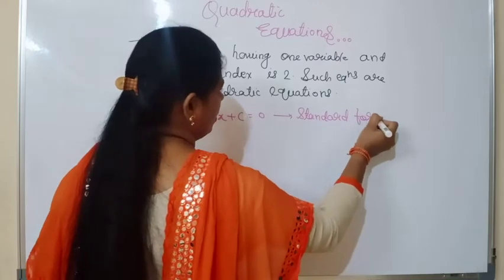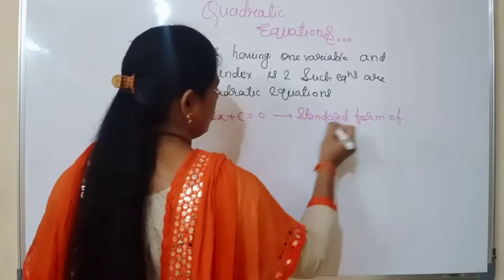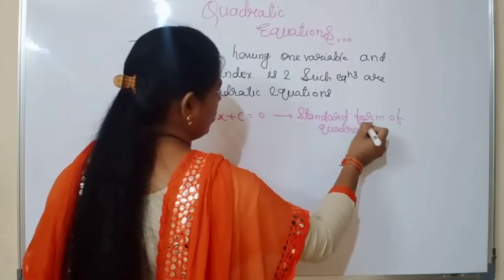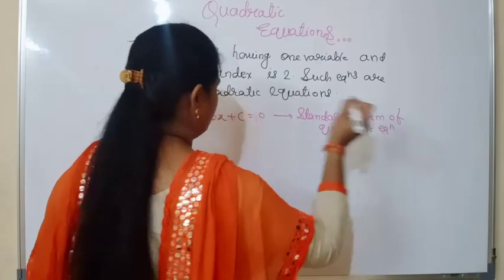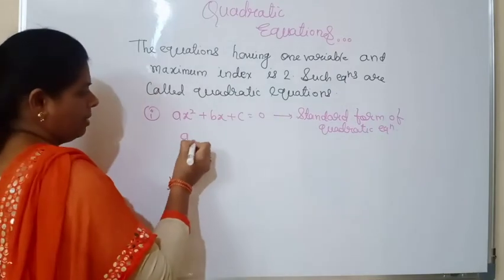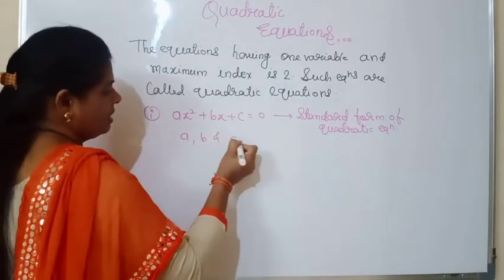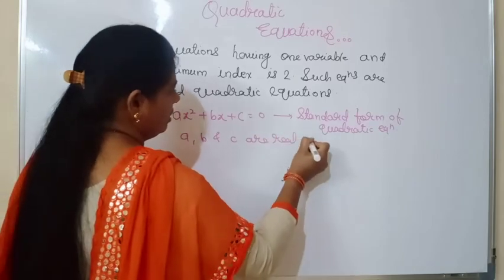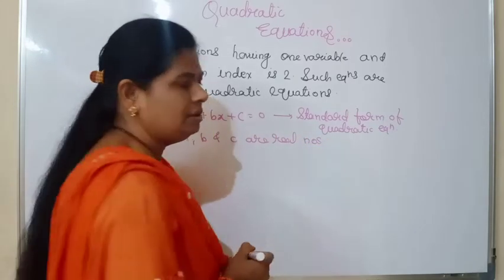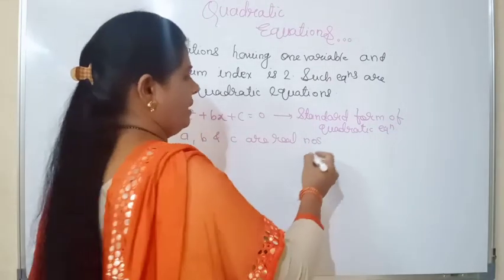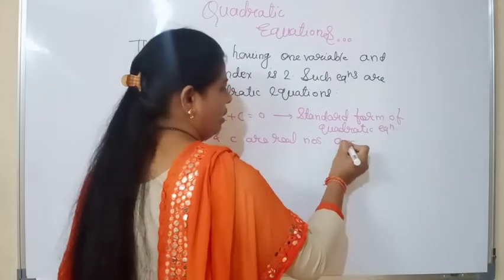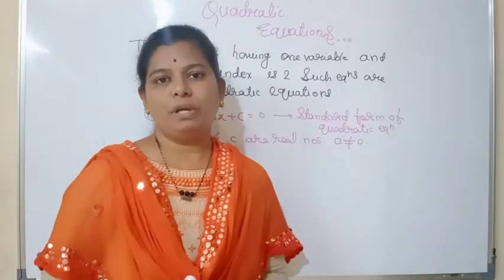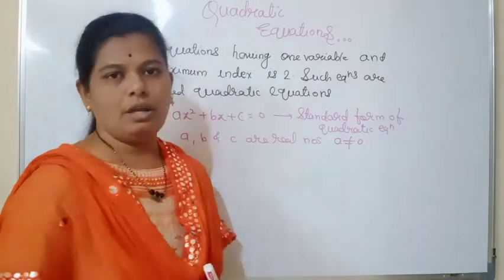In this equation, a, b and c are real numbers, and there is one condition: the value of a should not be 0. It should never be 0 in a quadratic equation.